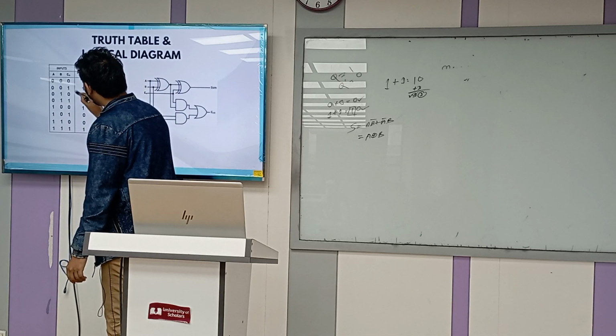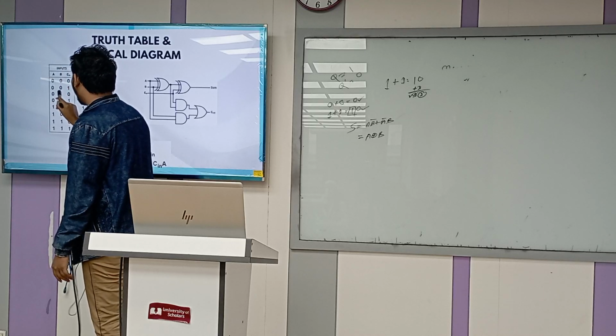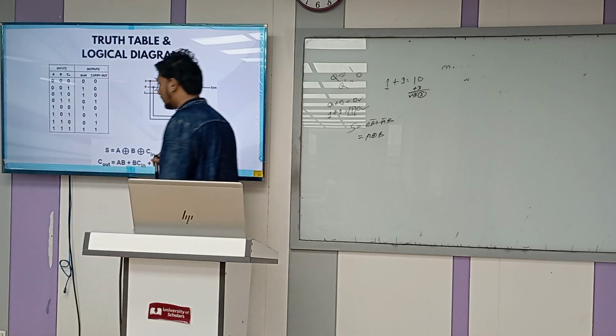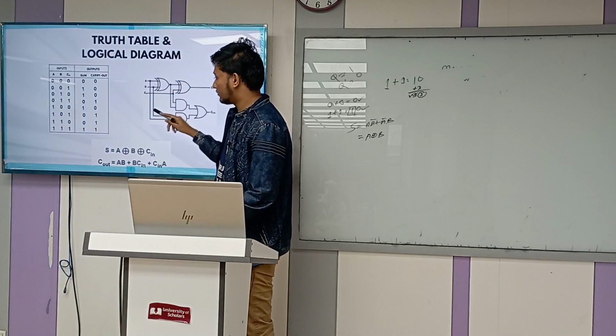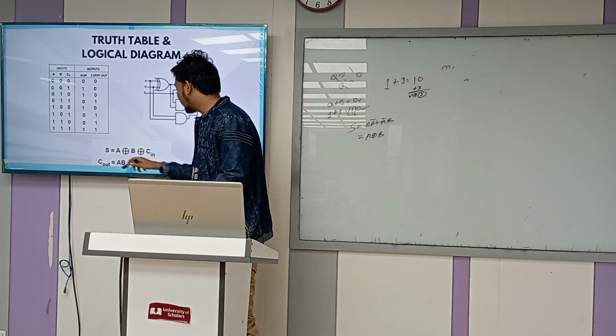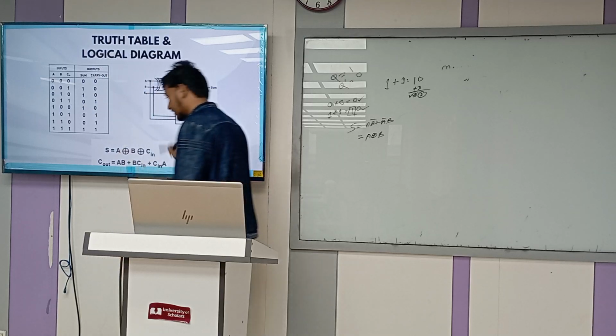When the sum is 1, A is A naught, and B and C naught. So this is the reason how you can calculate every bit of it, and we can get this result.